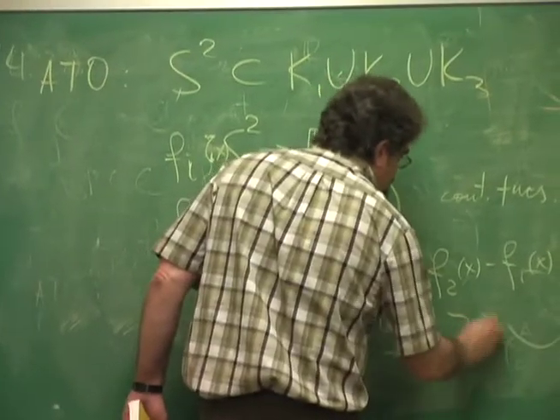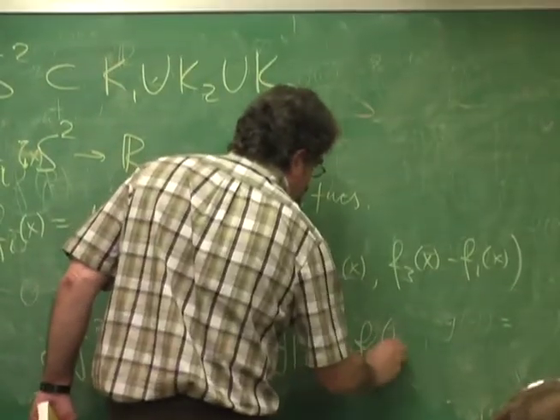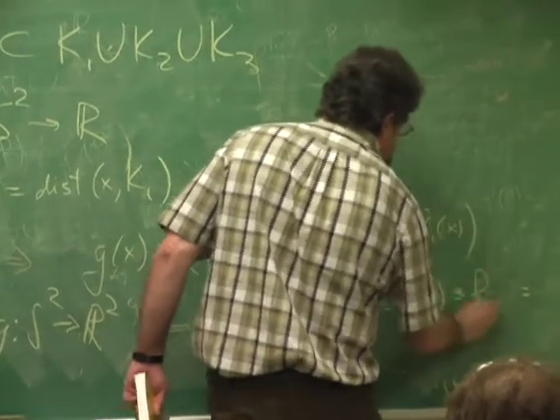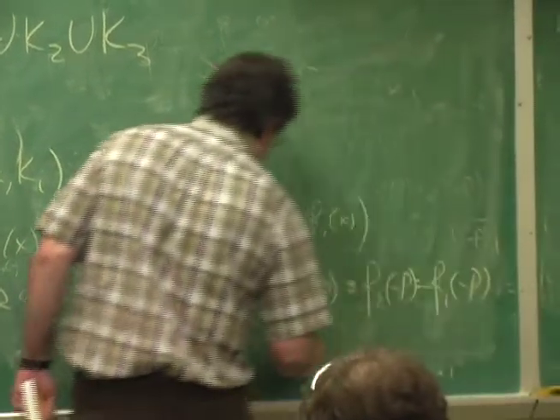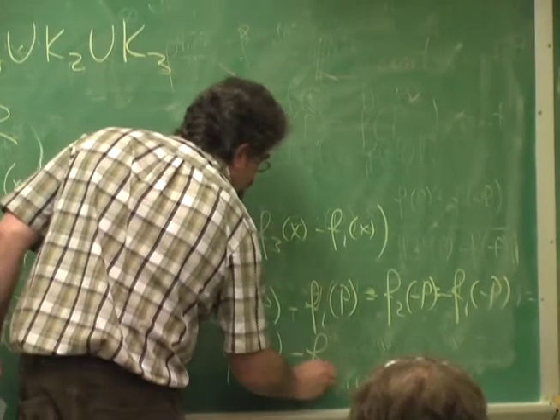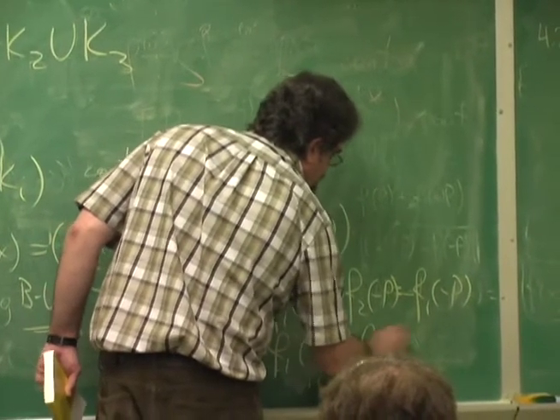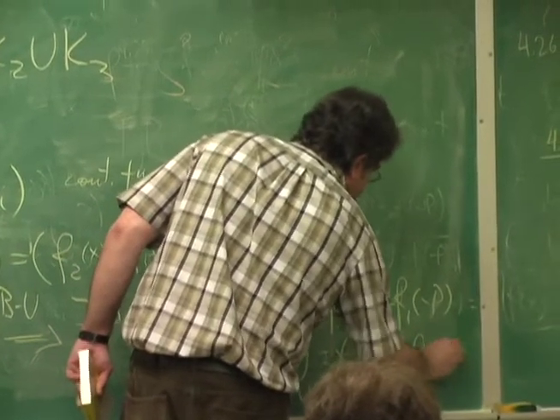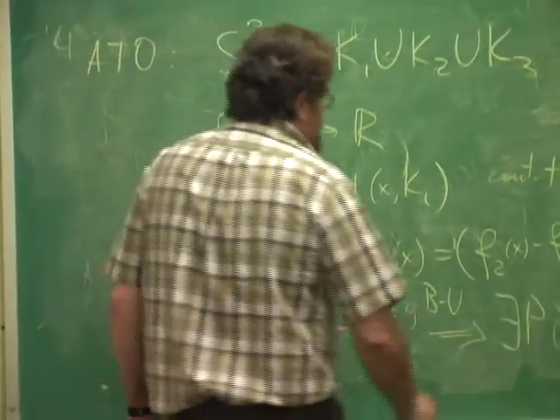There exists P such that f2 of P minus f1 of P equals f2 of minus P minus f1 of minus P, and f3 of P minus f1 of P equals f3 of minus P minus f1 of minus P. Okay, P in the sphere.